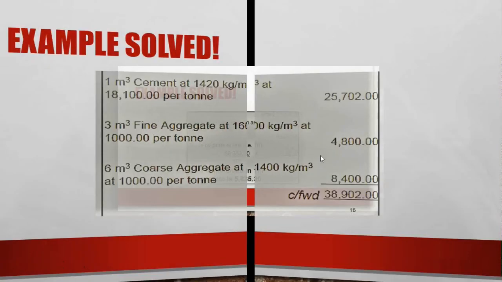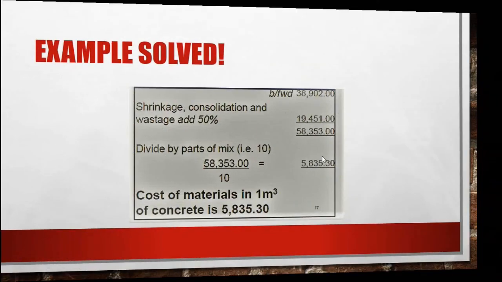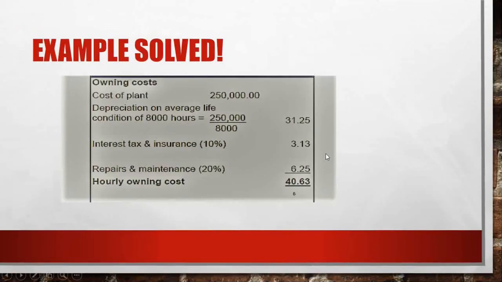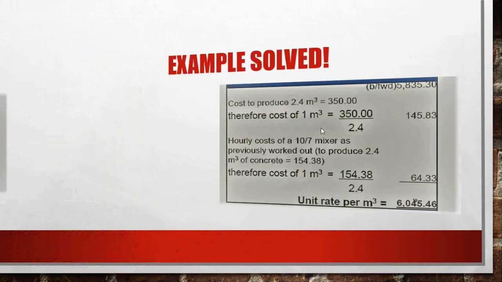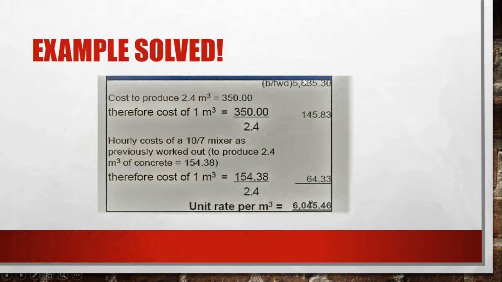So the unit rate per meter cube now will be, we're going to add 5,835.30 Kenya shillings. That's the cost of 1 meter cube of concrete.